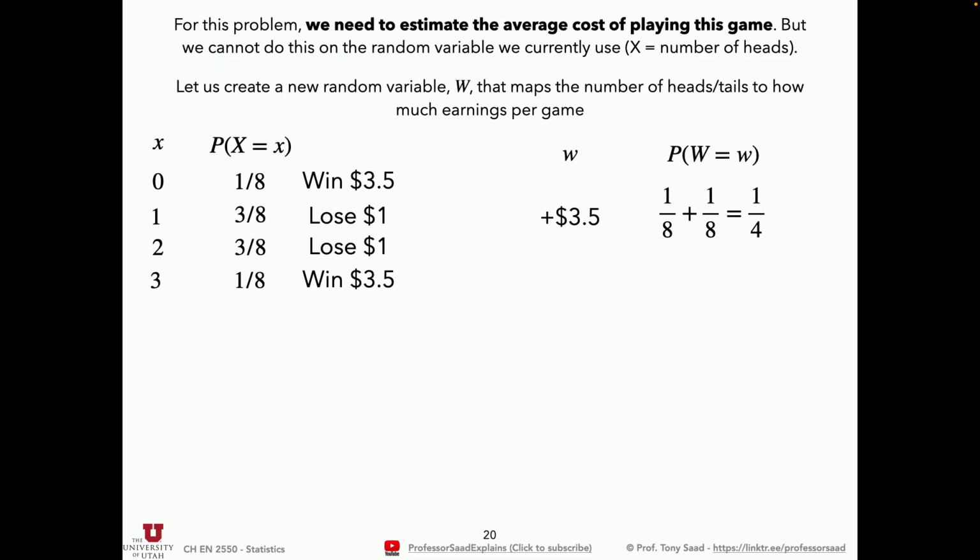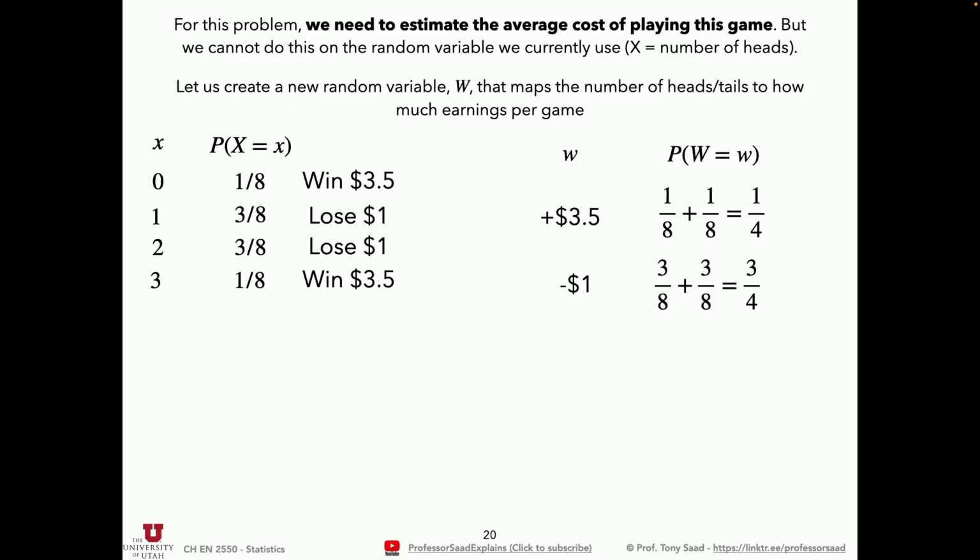Right? Because there are 2 ways I can win 3.5. What's my other value of the random variable W? Minus 1. And for that, I can lose $1 with probability 3 over 8 plus 3 over 8, or 3 over 4.